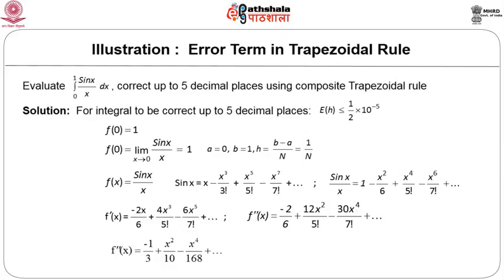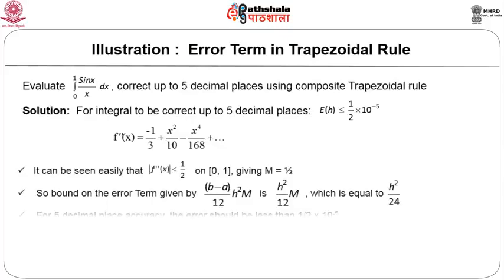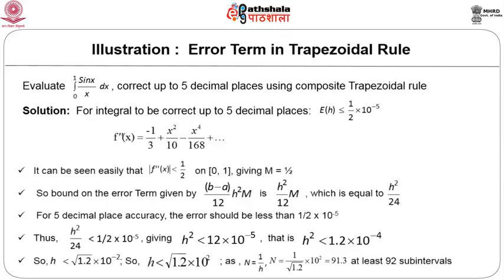Differentiate this, we get minus 2x by 3 factorial plus 4x cube by 5 factorial, and so on, and again differentiate to get the second derivative: minus 2 by 3 factorial plus 12x square by 5 factorial, and so on. The upper bound on the interval 0 to 1 can be found, and that upper bound is 1 by 2.